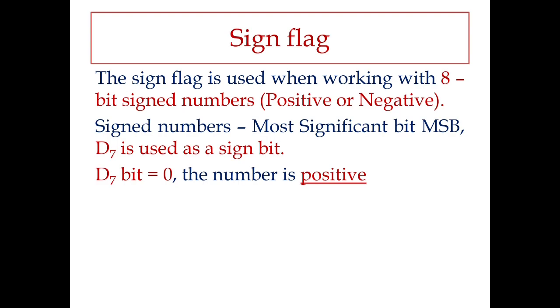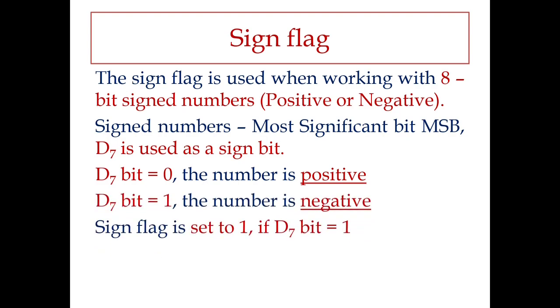If the D7 bit is equal to 0, the number is said to be positive. If the D7 bit is 1, the number is negative. The sign flag is set to 1 if the D7 bit is 1. That means the sign flag will be set if the number is negative, and it is reset to 0 if the D7 bit is 0, that is, if it is a positive number.